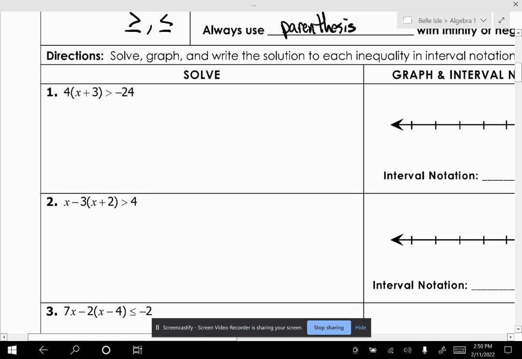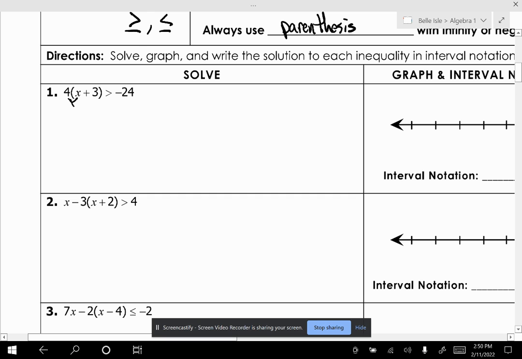These inequalities that we're working with, we're going to solve them the exact same way that you solve equations. There's only a handful of differences, and really only one that we'll touch on today, and I'll show you when we get there. So for number 1, what's your first step?